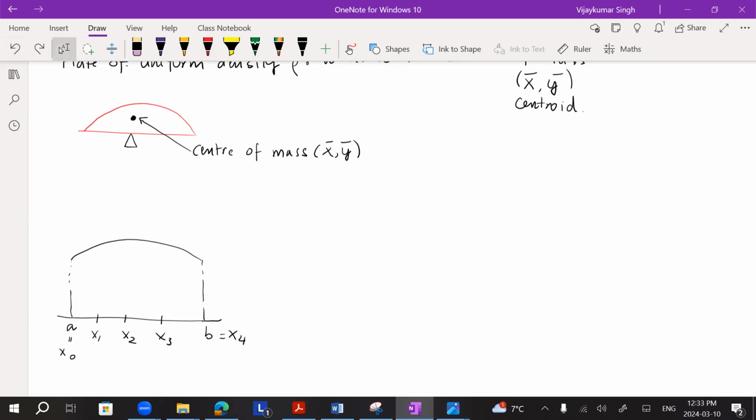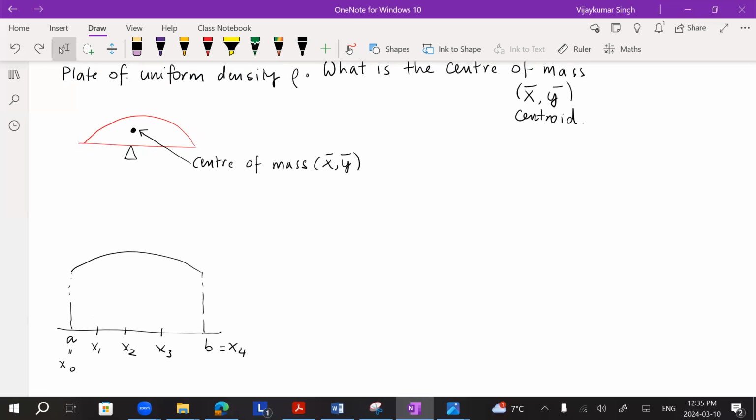Now the question is, what is the base and the height of this rectangle, right? So what we can do is the following. We're going to make the rectangle.